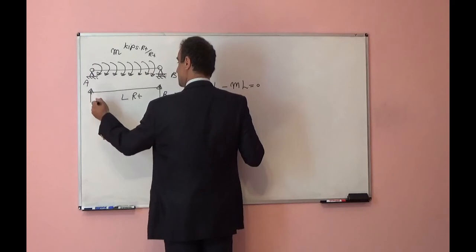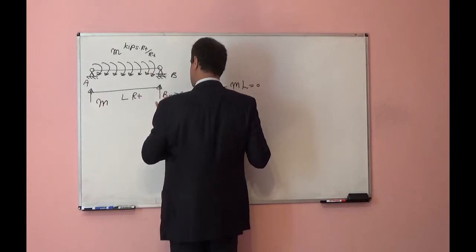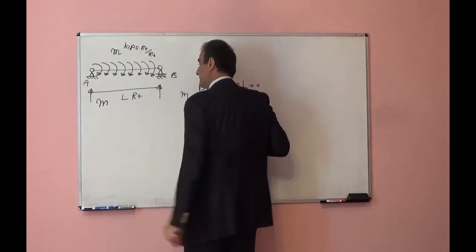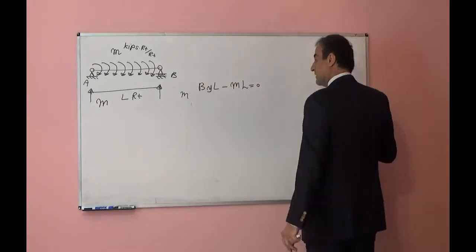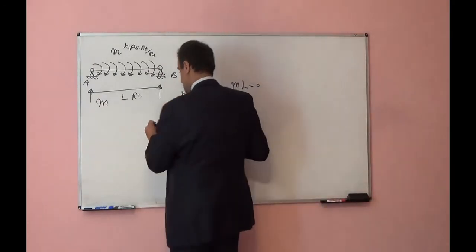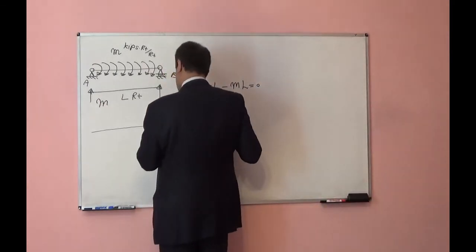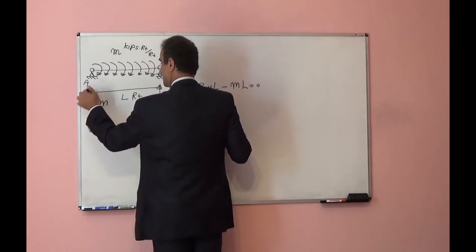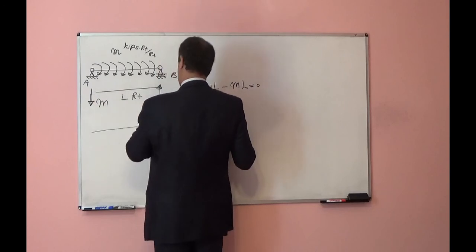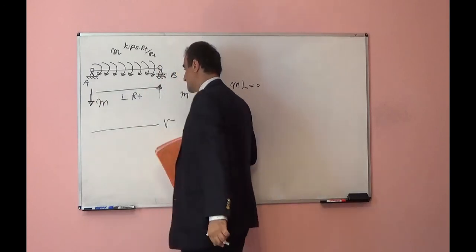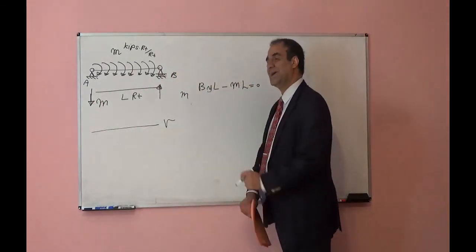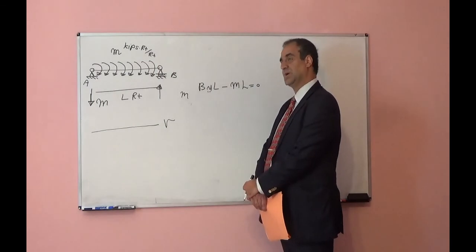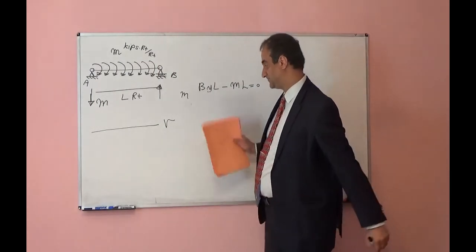So m downward. This is m upward. Okay, shear diagram. This is downward, m upward, m downward, because Ay plus m is equal to 0, so Ay will be negative m.